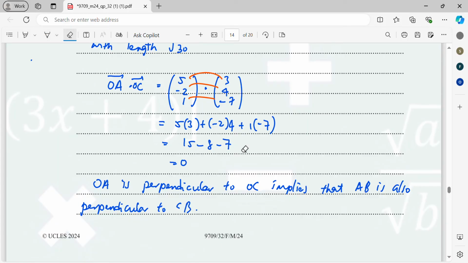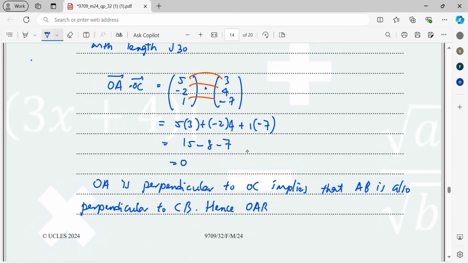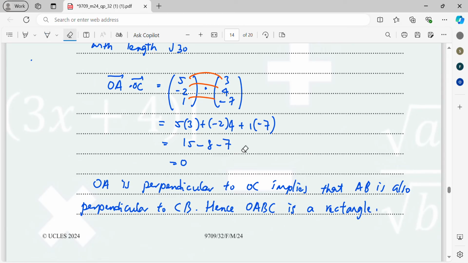Therefore, the 4 points form a rectangle. Okay, so this is how we show that the 4 points form a rectangle.